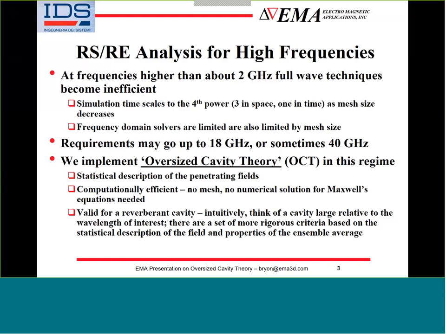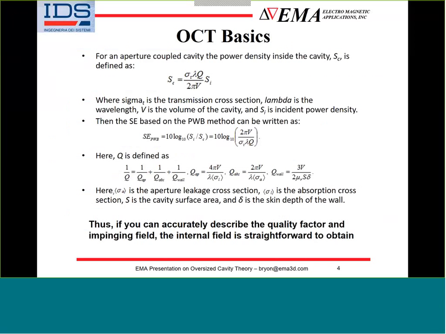But there are more rigorous criteria that it's based on, the statistical properties of the field and ensemble averages, and there's a whole host of rigorous criteria, but intuitively you can think of something large, hence we say oversized cavity. So some of the basics are that there's a pretty simple relation between the power density inside a cavity and the power density that impinges on the cavity, or the incident power density.